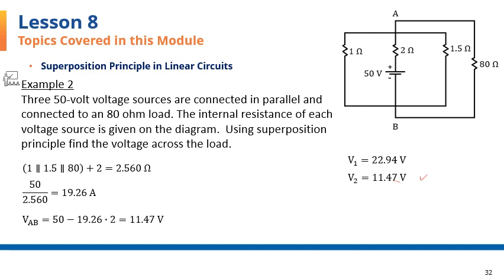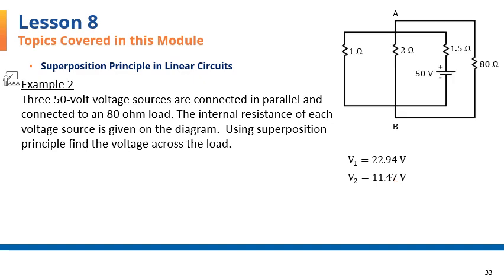And finally, I will simply zero out the other two voltage sources and keep the third one open or active. Here the equivalent resistance is the parallel combination of the 1, the 2, and the 80 added to 1.5, and that's shown here. The equivalent resistance is 2.161 ohms.